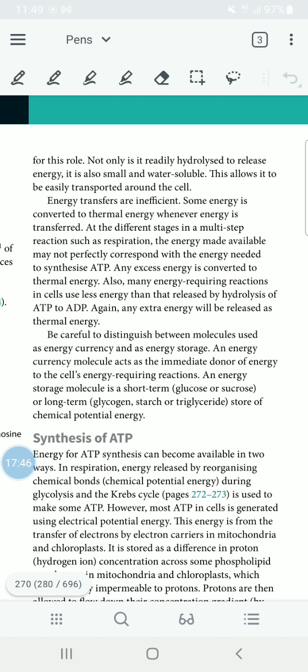Most of the energy would be used up, but some energy would be converted into thermal energy.